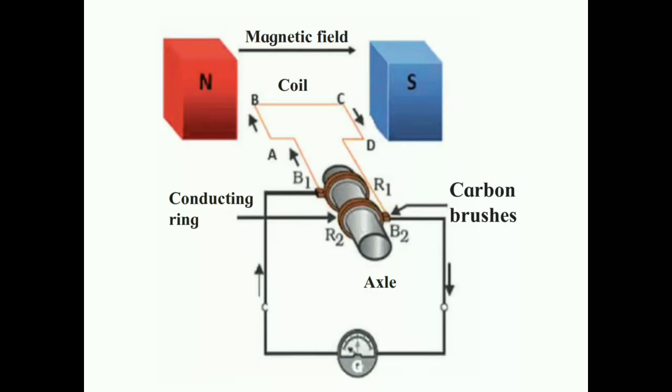Because of this, the coil ABCD starts rotating. The stationary carbon brushes B1 and B2 are connected to the galvanometer, which shows the direction of the current in the circuit. Upon rotating the axle, the branch AB goes up and the branch CD goes down. That is, the coil ABCD rotates clockwise.